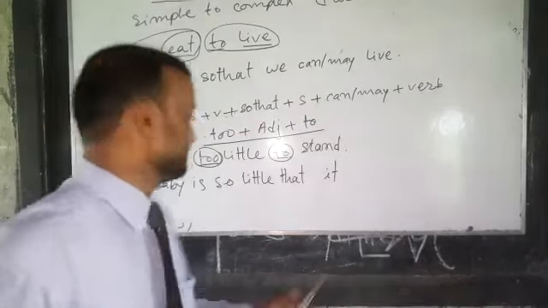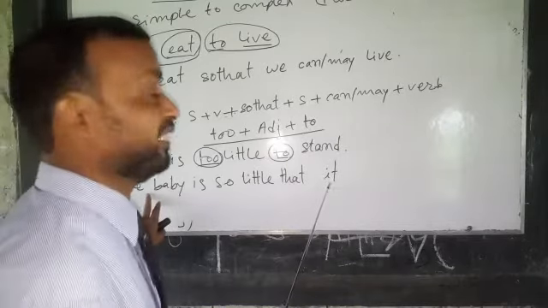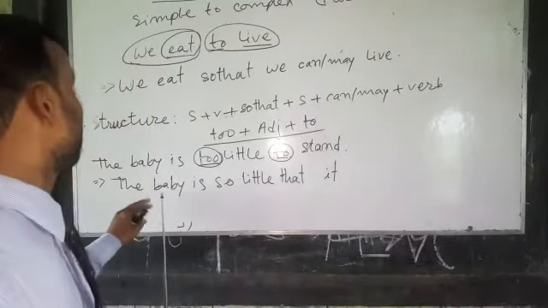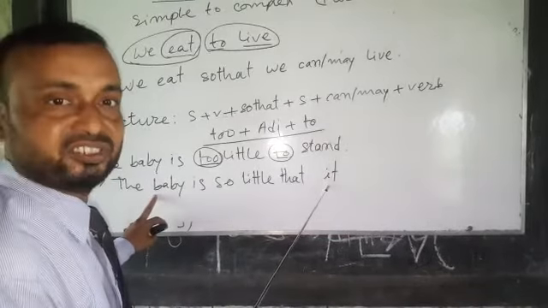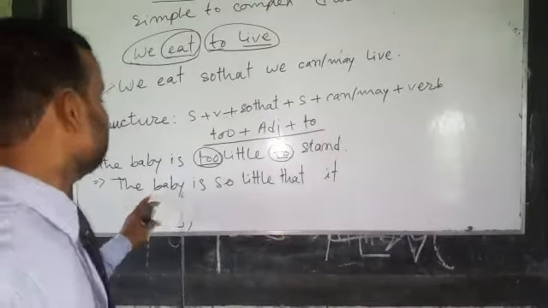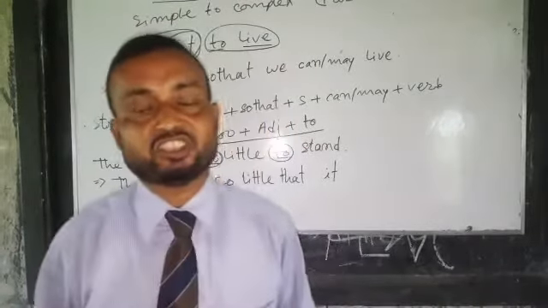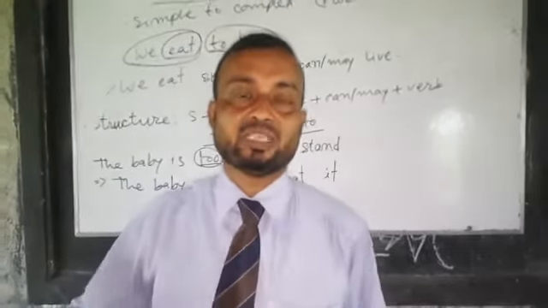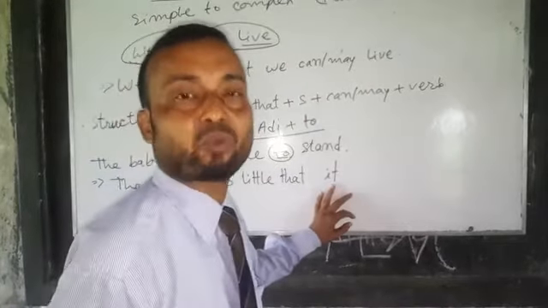My dear students, if there is a name of a man here, we have to use here "he". If there is a name of a material, then we have to use here "it". If there is a little animal such as dog, cat, baby and so on, we have to use here "it" as a pronoun.